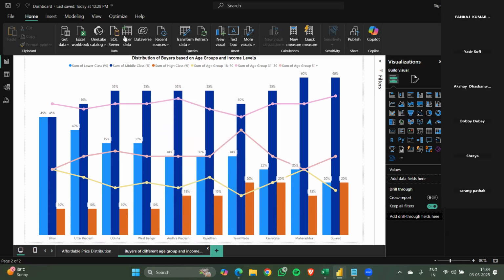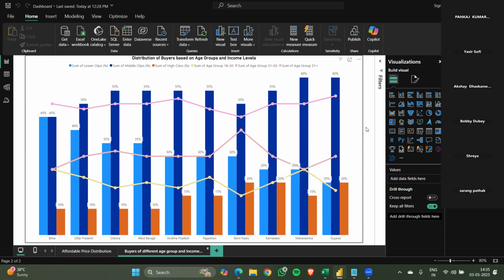So from here we get to know that the sum of lower classes is coming from Bihar, the sum of middle class having the highest in Gujarat and Maharashtra, and the sum of high class is coming in Tamil Nadu as well as Karnataka and Gujarat.